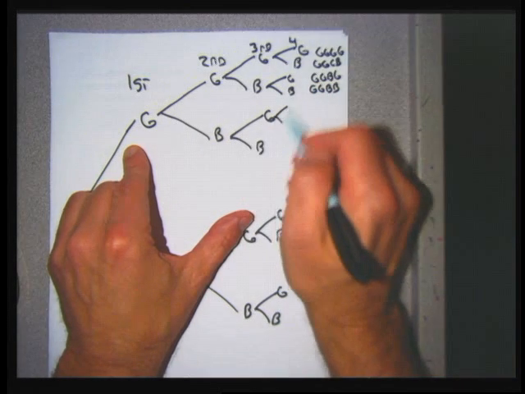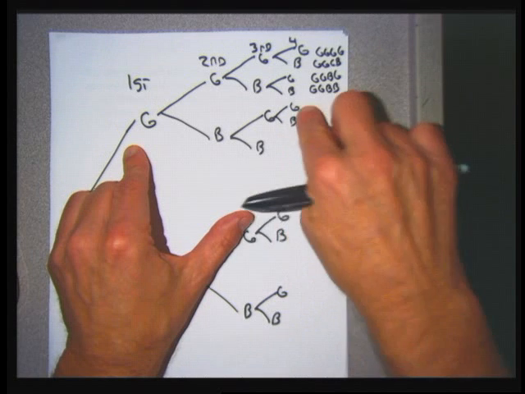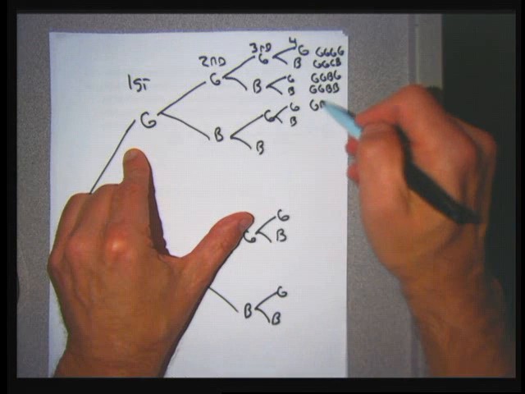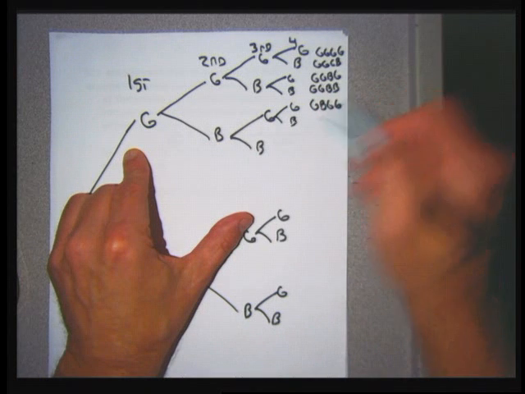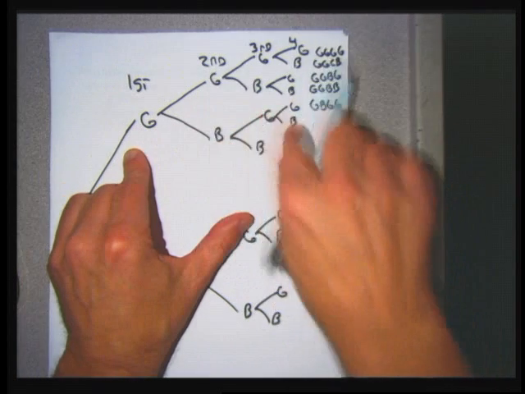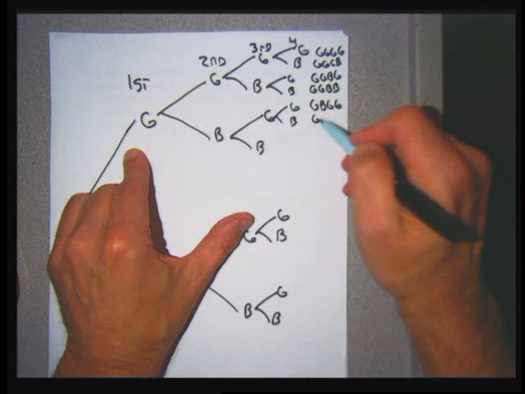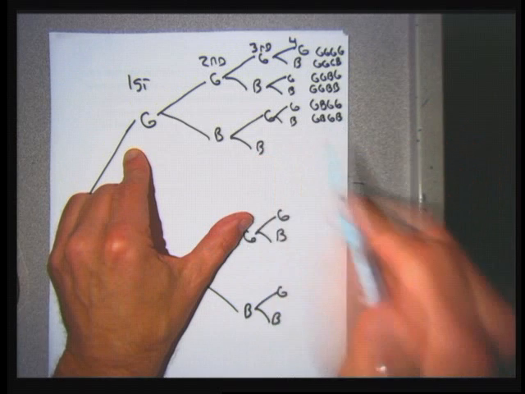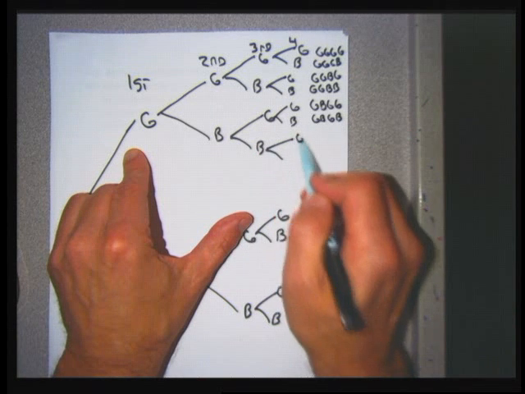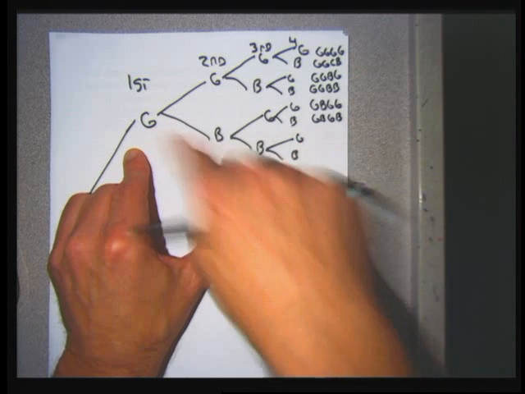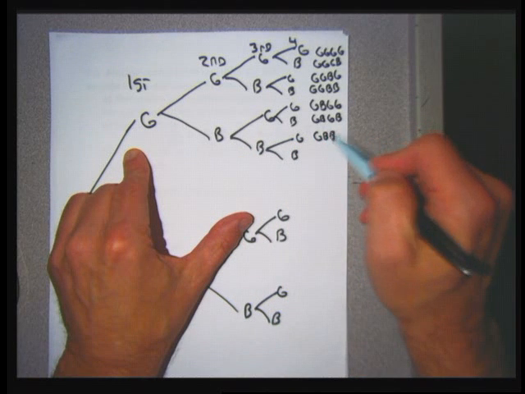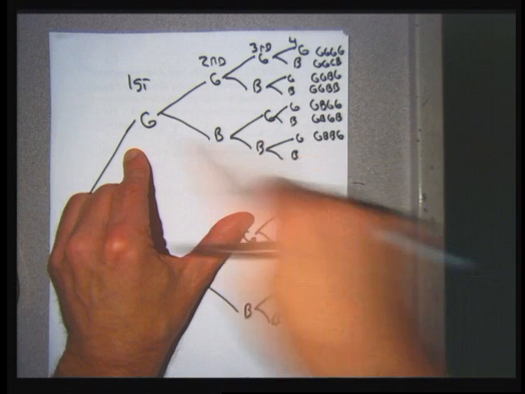And then GB here. This G is girl, boy, girl, girl. This B is girl, boy, girl, boy. Done with that. This G is girl, boy, boy, girl. This B is girl, boy, boy, boy.